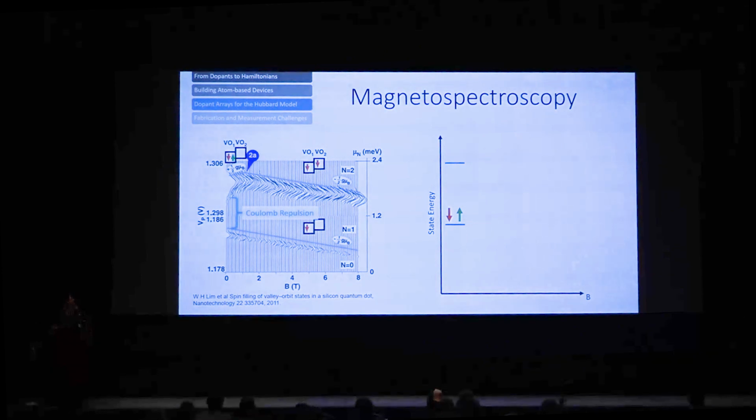And there's an interesting feature. If you think about this in a very simple way, where you've got, say, spin down getting filled first and then spin up, because of Coulomb repulsion you have an addition energy that you have to overcome before you can fill in that next spin. But you can see this positive slope here that is indicative of a spin up. And then at some point there's a kink and it switches to a spin down.